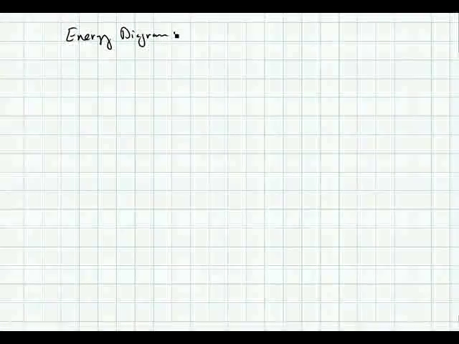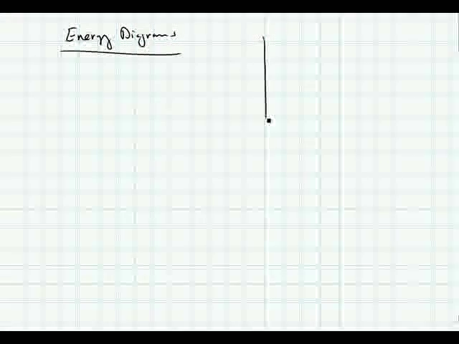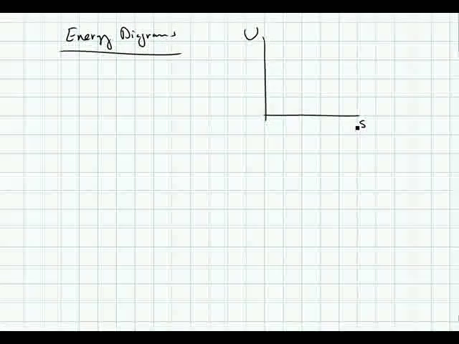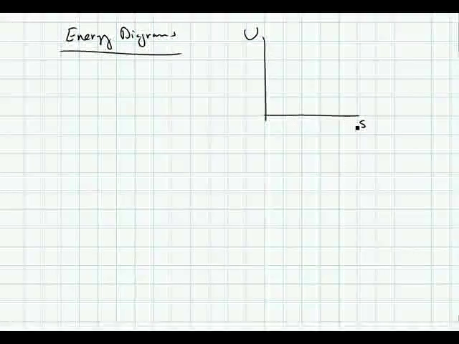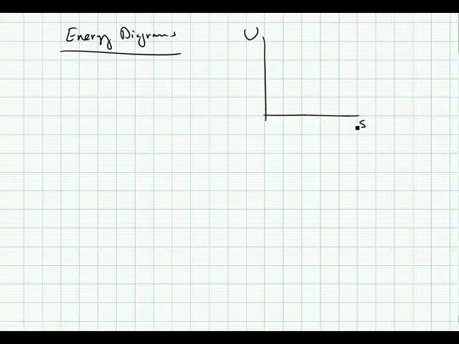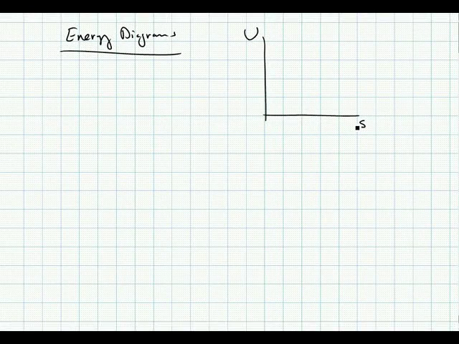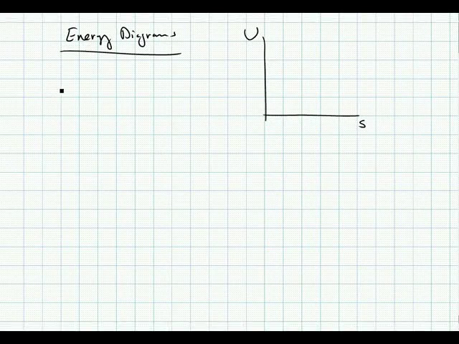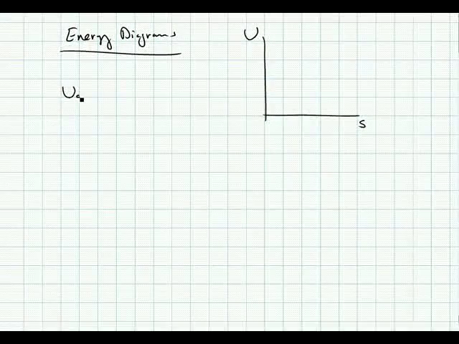In this lecture, I'd like to talk about energy diagrams. Energy diagrams are a plot of potential energy versus position S. As we saw, potential energy is associated with a position of the object, and we also saw that associated with each potential energy there is a force.